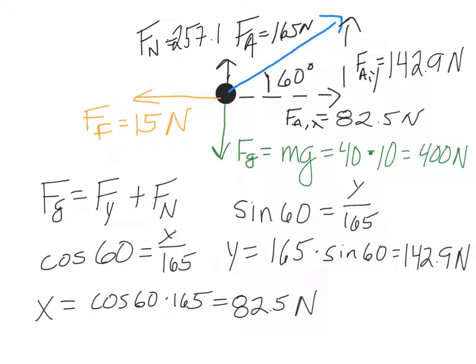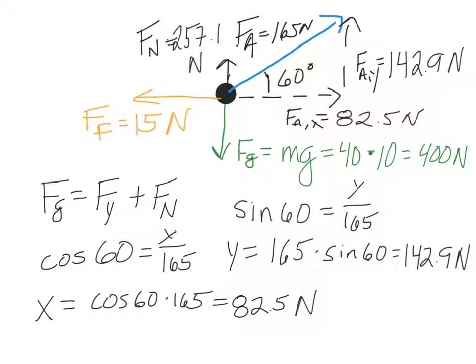I also forgot a stylus at school, so that's why this looks so terrible. 257.1 newtons would be your normal force, because the Y component, 142.9, and the normal force together have to equal gravity, which is 400 newtons. So that's working through the problem in that fashion.